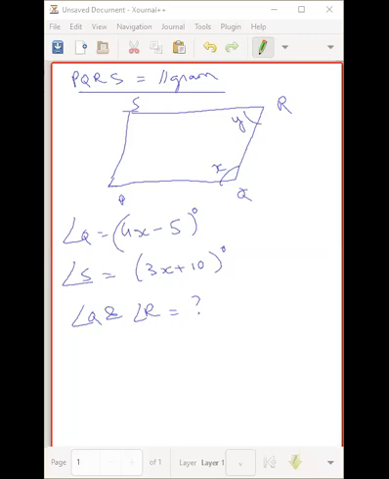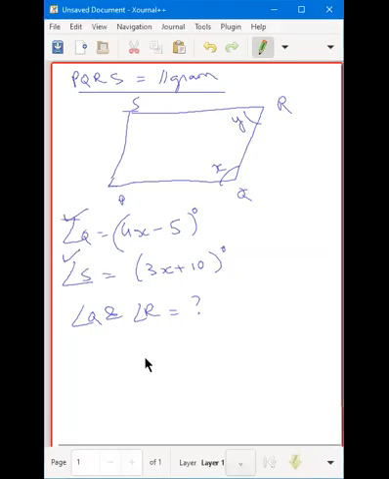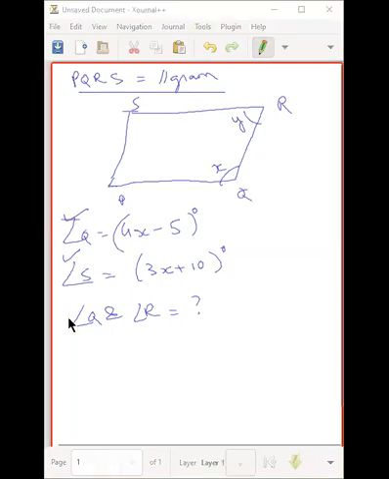Rajvi, are you there? Unmute yourself. Tell me, what do we do in this question? How do we solve this? So Q and S is given to you. What is the relationship between Q and S? Keep yourself unmuted, Rajvi. Rajvi, unmute yourself.